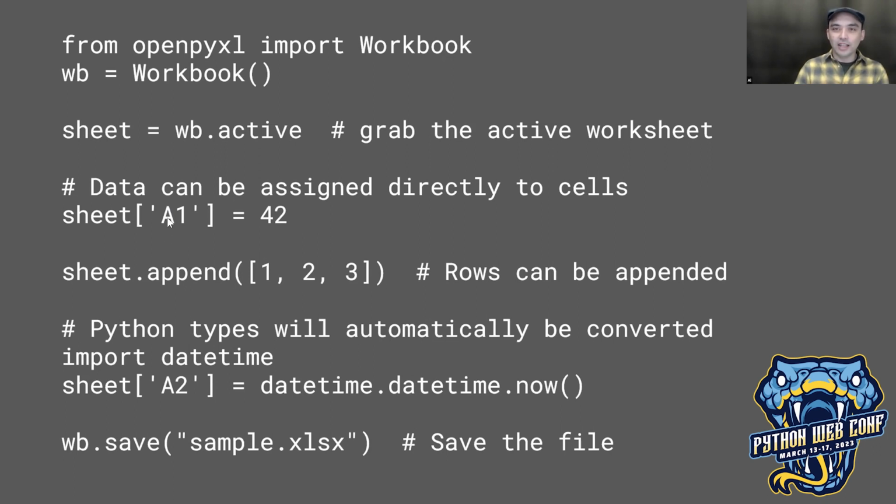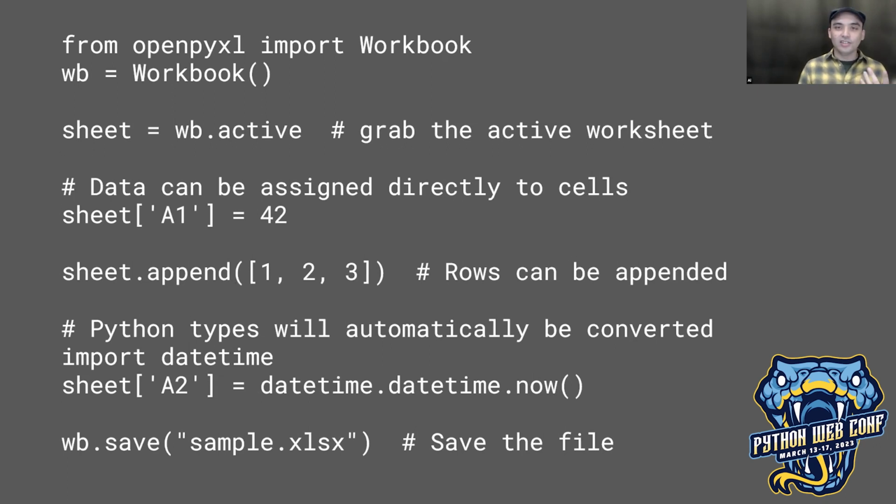Columns are going to have letters. They're going to be the exact same as what you find in Excel. And then the rows are numbers, and they start at 1 and not 0. But here it's really easy. We can just assign a new value directly to the cell, or we can append a whole list of values just to append to the next available row.